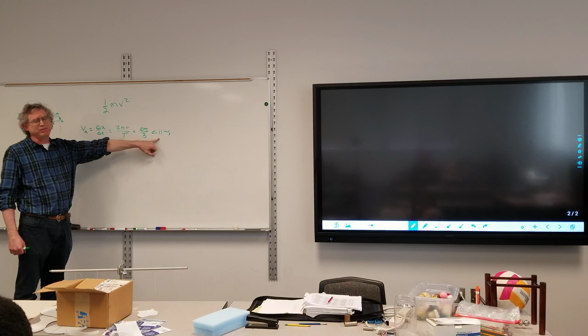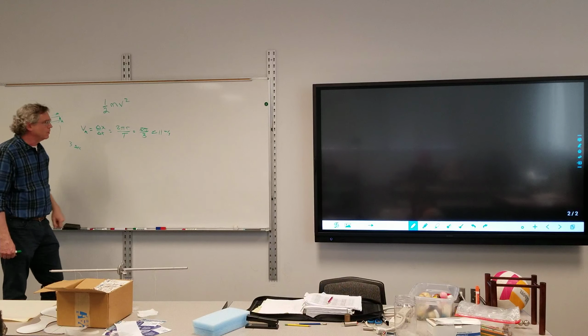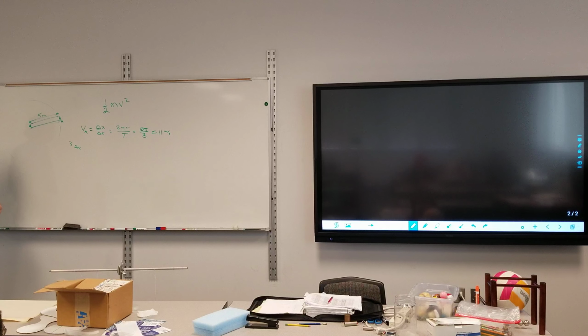We have roughly 11 meters per second. Does that also assume that it's going the same speed the whole time? That assumes that the angular speed is constant, and that it would be the average speed if it weren't constant, as long as that's still 3 seconds. But that's the speed at this point on the end.